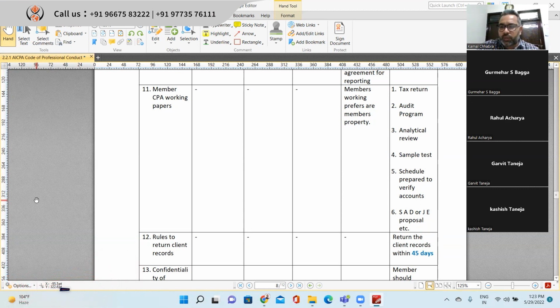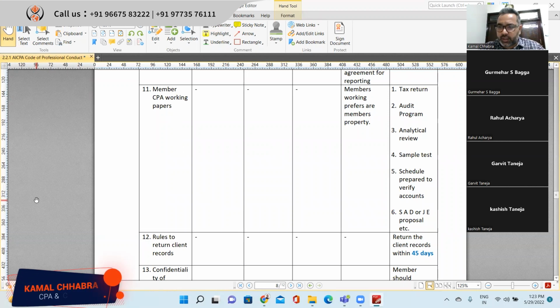So what kind of work papers would there be? For example, tax returns you have taken from the client, and you have done all your footing, cross-footing, explanation, tying, everything, and converted that into your work paper. Your audit program, your audit schedule, your analytical review, whether an overall analytical review or a disaggregated analytical review, the conclusion review, the sample tests you have done, like tests of control, walkthrough, tests of detail, inspection of the documents.